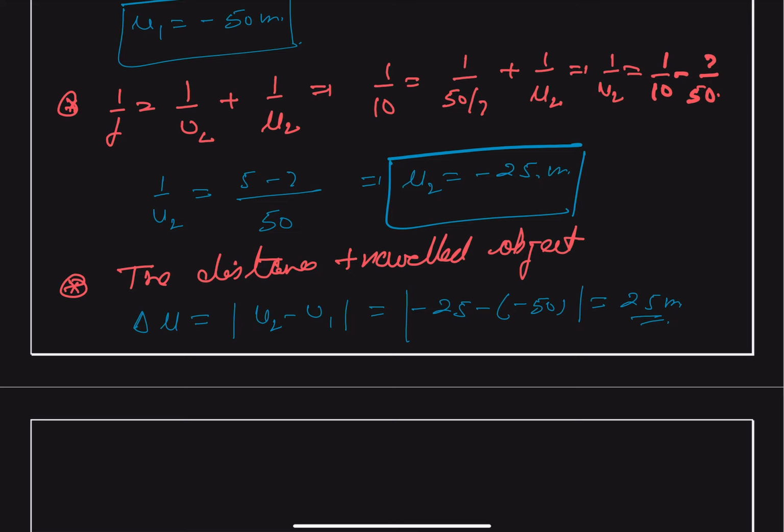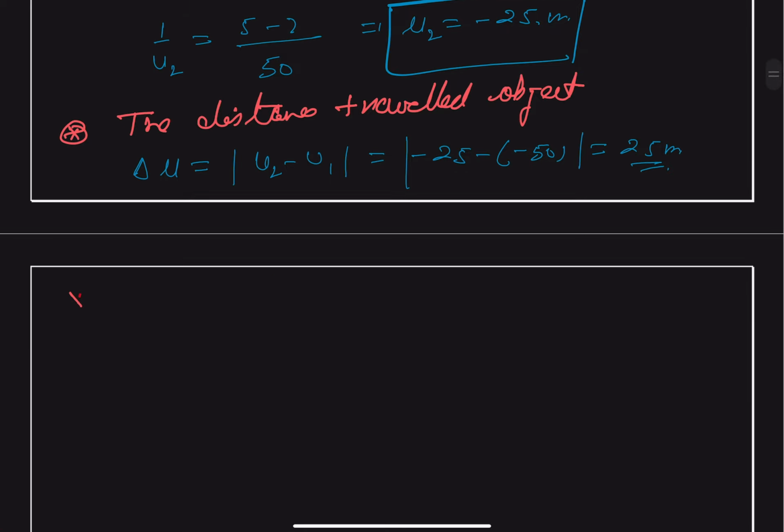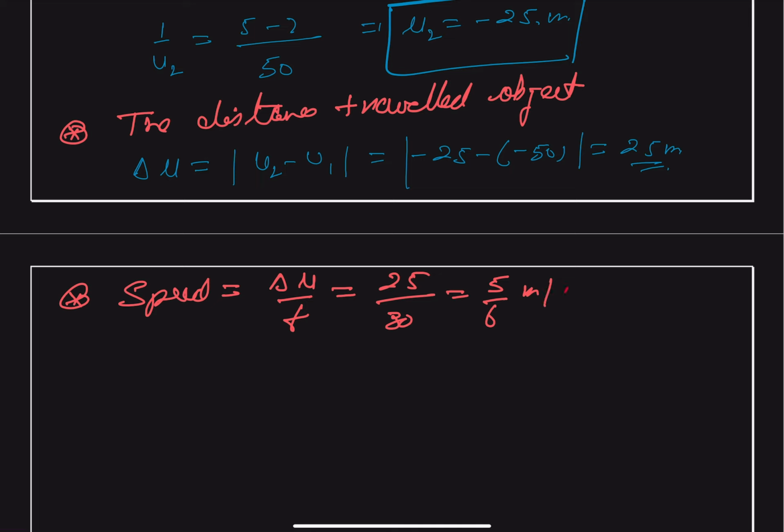Now we have to find out the speed. Speed will be our delta u upon time, and delta u is our 25, time is our 30 seconds, and this comes as 5.6 meter per second, but we are supposed to find out in kilometer per hour.